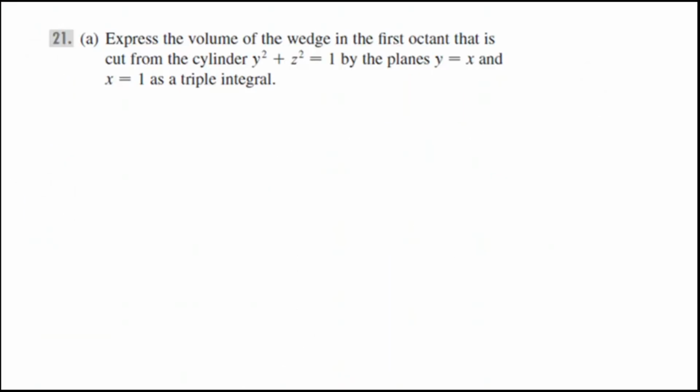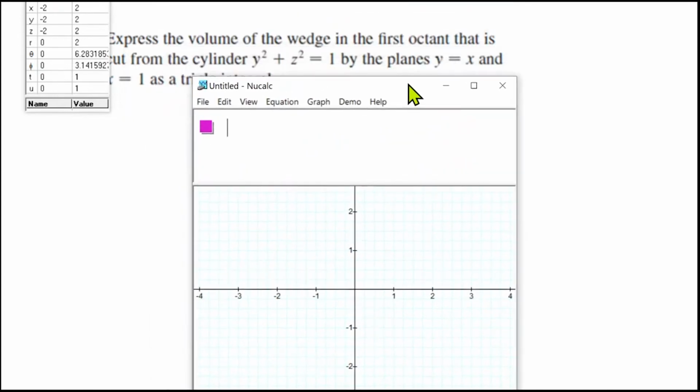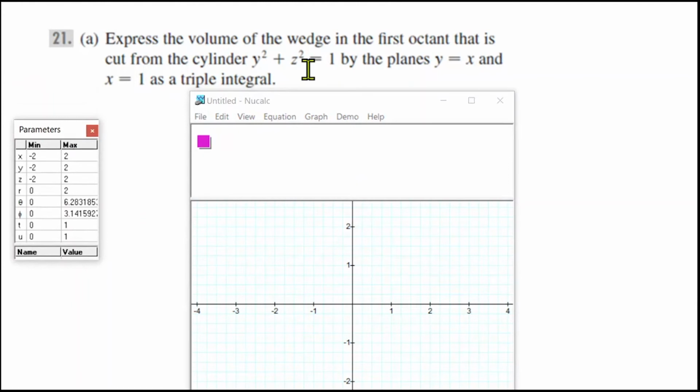It takes a lot of imagination to draw this thing because it's not that easy, but let me put it in UCalc and then show you what this thing looks like, okay? So we have the cylinder. Do you see the cylinder? So we have y squared plus z squared is equal to 1.